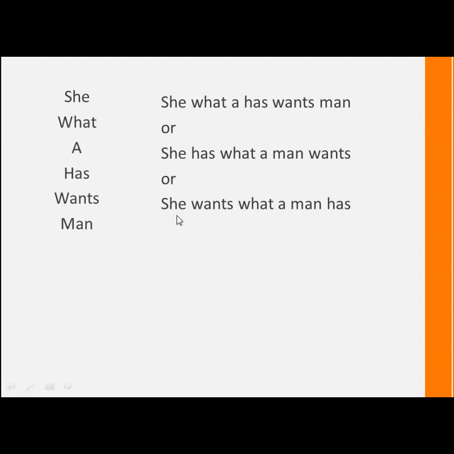Or we can change the order. She wants what a man has. It's also okay. Do you know the different meaning between the second and the third? Tahu beda artinya ya? She has what a man wants. Dia memiliki apa yang diinginkan laki-laki. So like she's perfect. But if she wants what a man has, dia ingin apa yang dimiliki laki-laki.